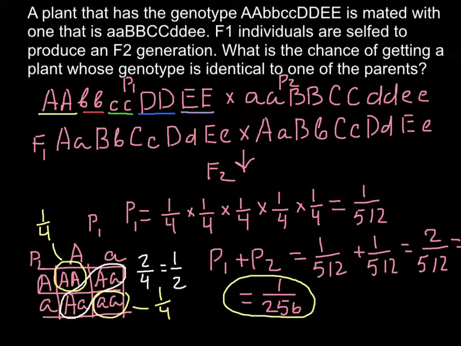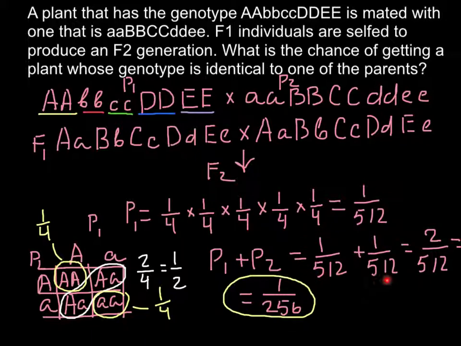I think now you know how to solve analogous problems. As you see, this is very easy. You just have to work with each allelic pair separately. As long as the question asks about any of the parents, we have to consider not only the probability for the genotype of parent 1, but also add the probability for the parent 2 genotype.